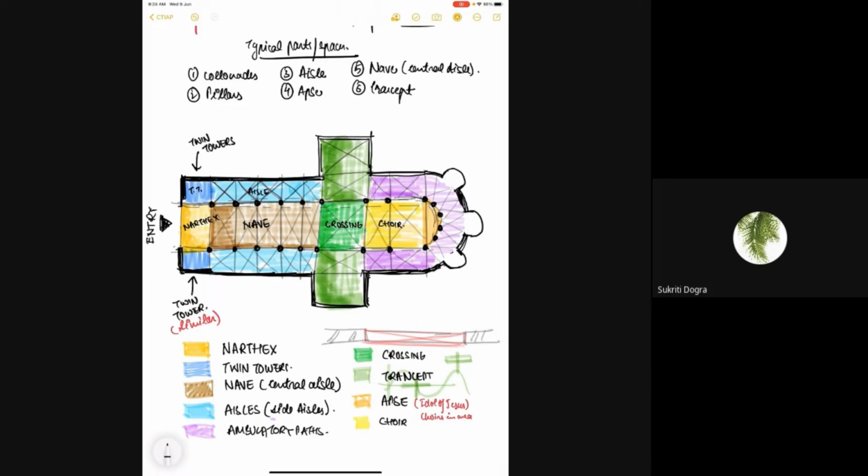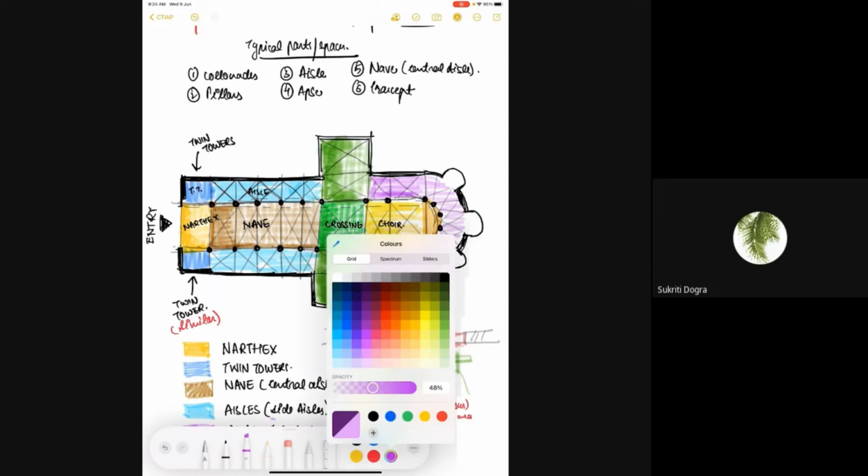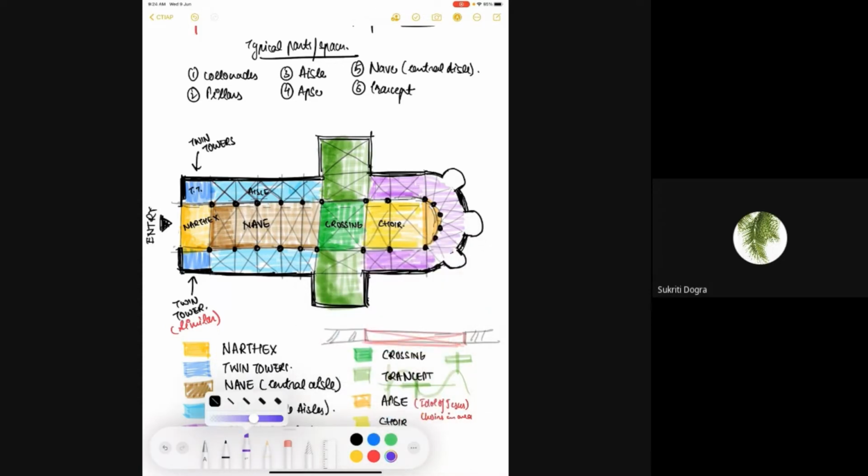These things were called radiating chapels. By radiating, we mean something which is coming out of a thing, like heat is radiated out of fire, or sun rays are radiated. So in the same way, chapels are radiating out of the plan. That's why they are called radiating chapels.